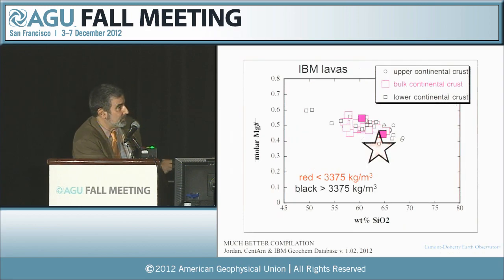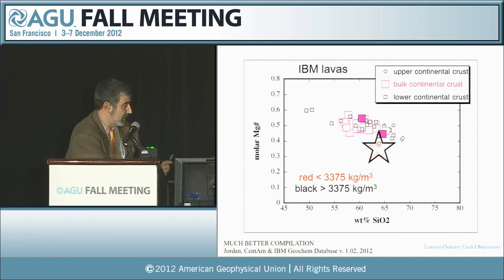Okay, so we do the same thing for this great compilation from Erica Jordan of IBM lava compositions. Black ones are denser than, or as dense as, the overlying mantle at 700 degrees and 3 GPa. Red ones are buoyant. The average buoyant composition is, you know, we would let this into the club of upper continental crust. We would give it a fellowship in the upper continental crust union.